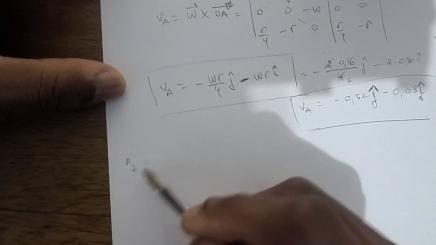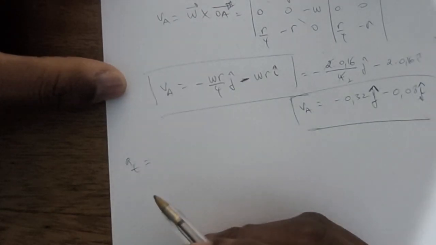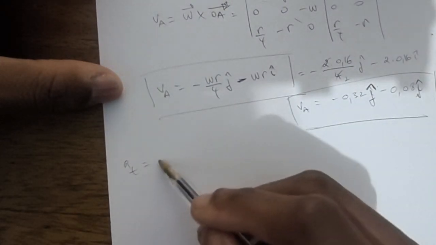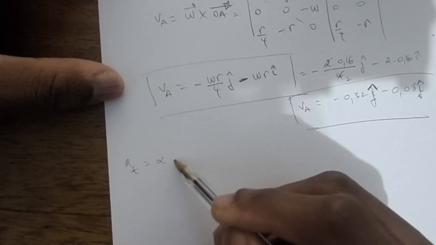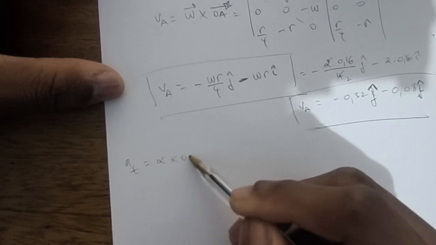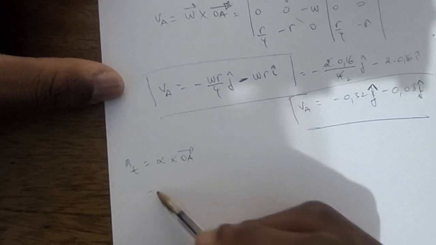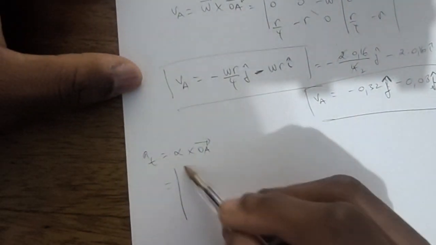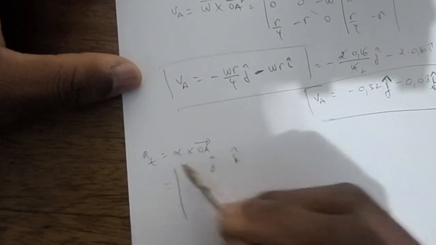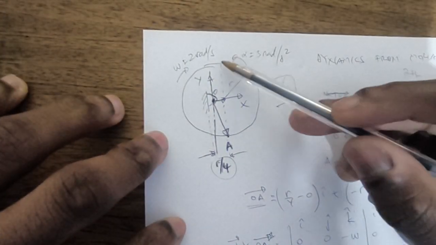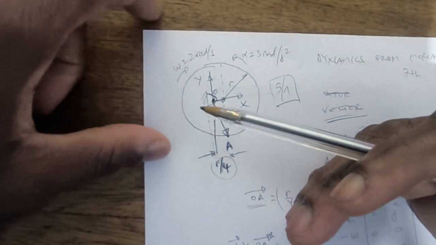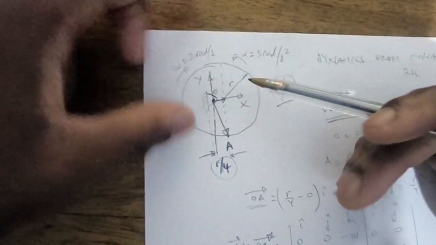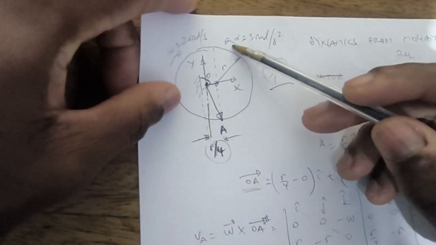We have the transversal acceleration, which can be computed as the vectorial product of the angular acceleration and the vector OA. And the angular acceleration goes in the anti-clockwise direction, so it's positive.